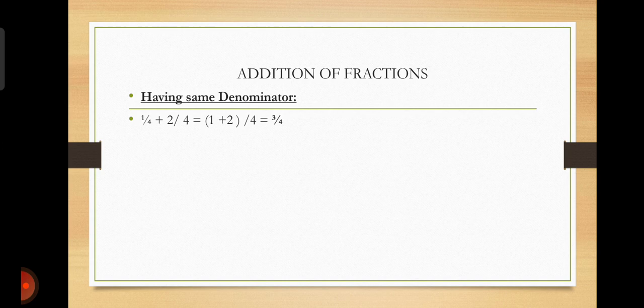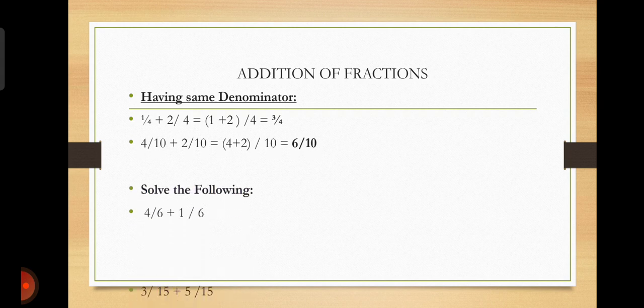So we will just add the two numerators, which is 1 plus 2 divided by 4, which is 3 by 4. Next sum is 4 by 10 plus 2 by 10, which will give you 6 by 10. Now you have to solve these below two questions and write in the comment section.